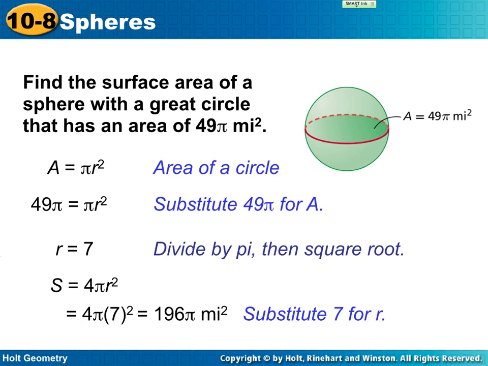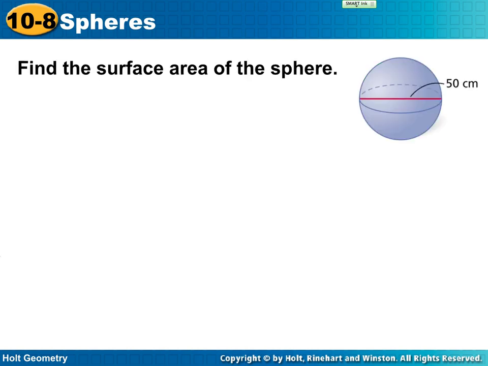Are you just doing the multiplying? Just 4 times 7 times 7. Right, and on this one, just be careful, I gave you the diameter, so be sure and use the radius of 25.